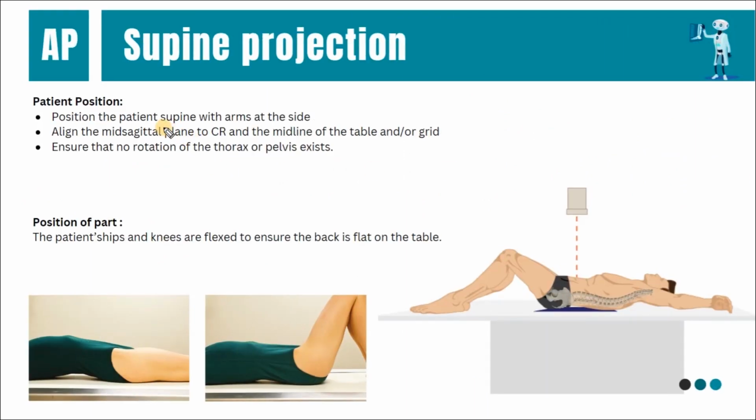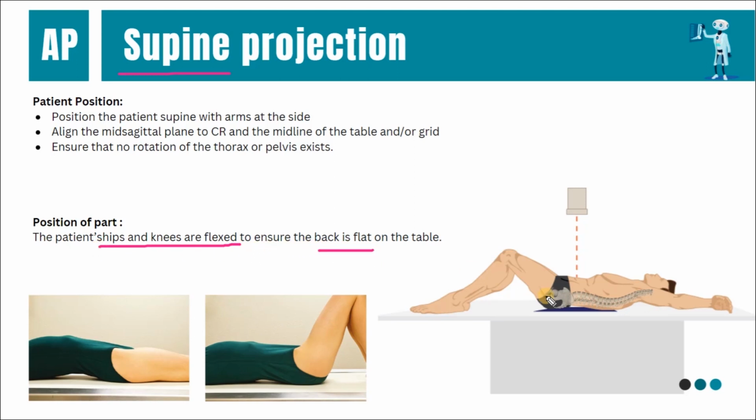In cases where the patient is unable to stand, you have to do the AP projection in the supine position. It's almost the same technique as the erect, upright position. The only difference is that you have to flex the patient's hips and knees to ensure the back is flat.